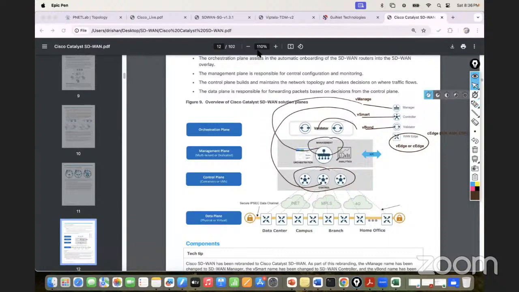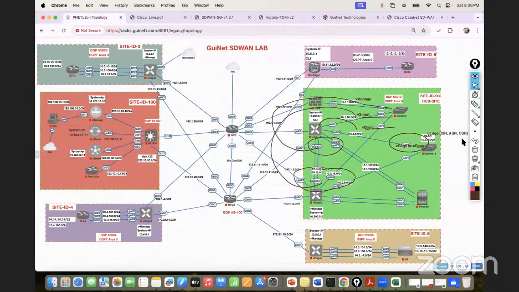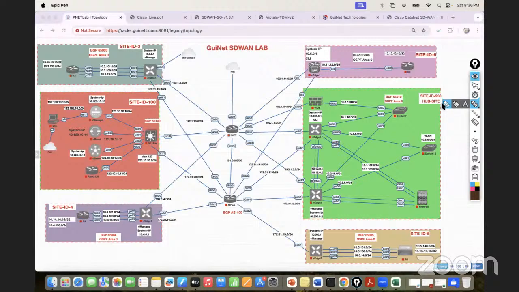So even in the lab also you can see here, we have the same concept, we have the vManage. So you just have to think about the manager, vBond, validator, vSmart, controller, and these all is known as the edge router. Basically, we can call it the WAN edge router. Clear?